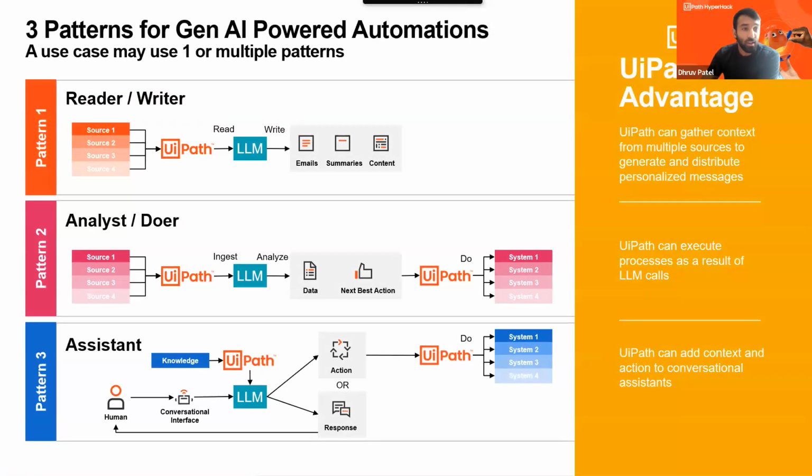So I mentioned patterns, and what we wanted to do is break down the different ways you can bring generative AI into your automations to help you start to think of different use cases, as you start to submit these things for HyperHack or Hack Week. There's really three patterns we break it down into, and I have some subsequent slides where we go into more use cases.